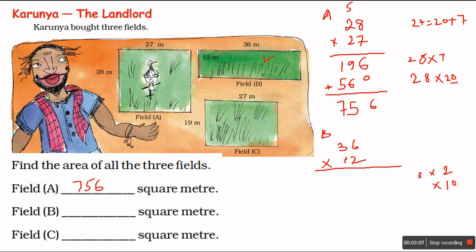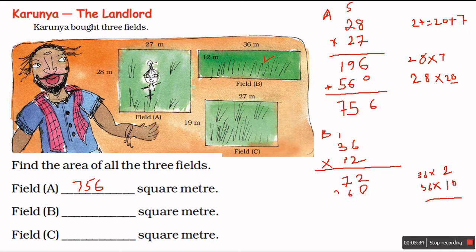In step 1, 2 6s are 12, carry over 1, 2 3s are 6 and 1, 7. When I multiply with 10, I put 0 directly, and by multiplying by 1, the number doesn't change, so it will come like this.